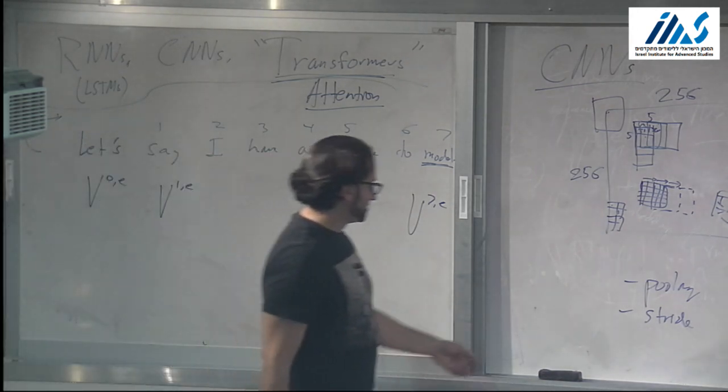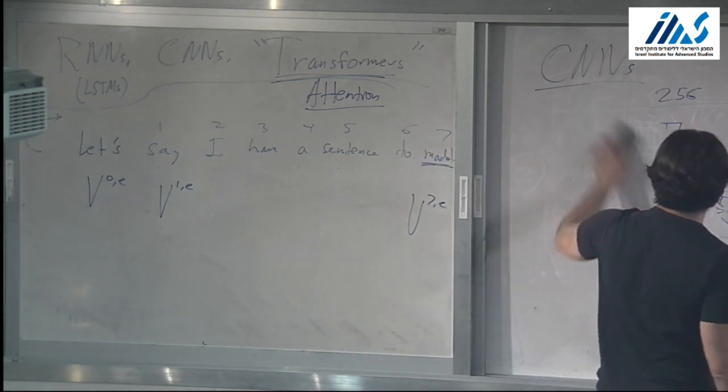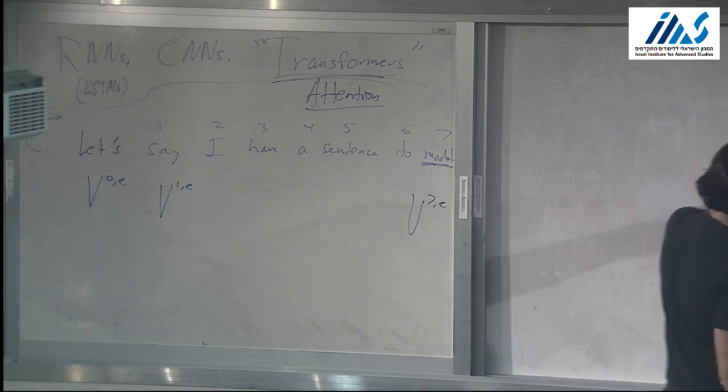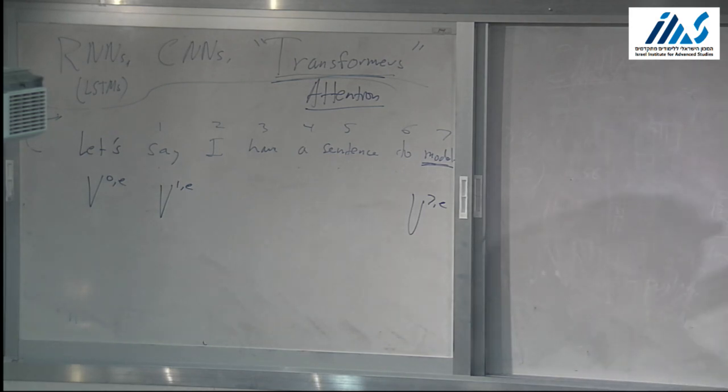Another way of motivating transformers that I think is also reasonable is much more agnostic. I have all of these V's that I just wrote over there, and I only have 8 words in that sentence, but if I have 1,000 words, then I have 1,000 of these V's.